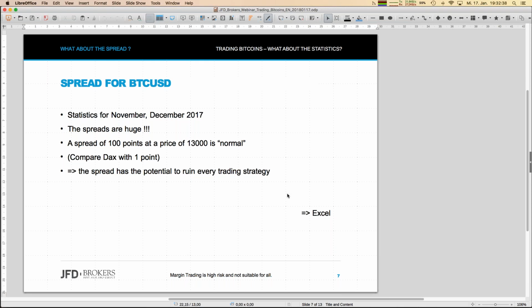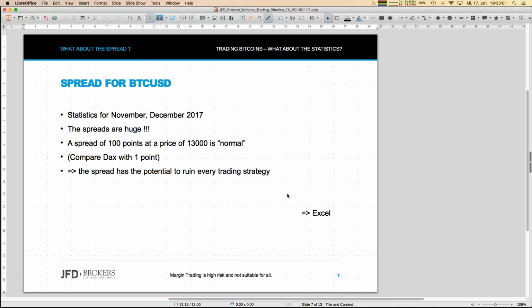And that was normal. And you will see later even higher numbers. What does it mean? Just compare to the DAX, then you know how important the spread is. The DAX is at 13,000 and we have a spread of 1 point. So a typical spread of Bitcoins was 100 times that.